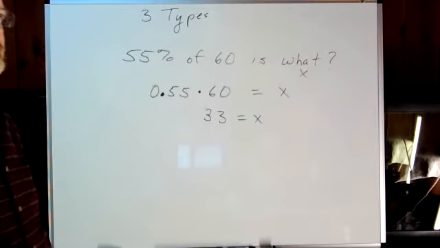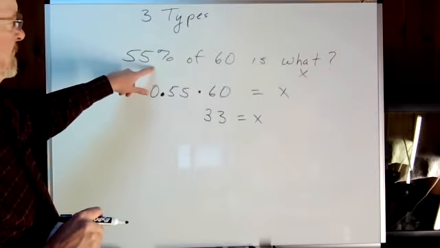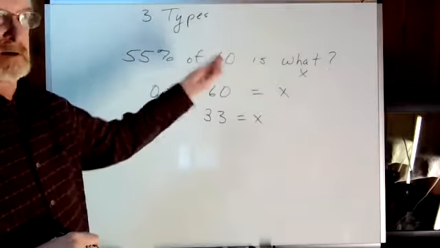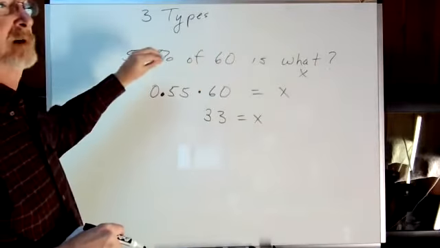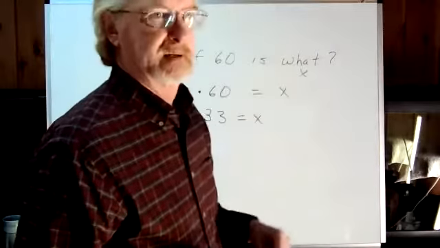So there is sort of that first type where you know the original amount that we're starting with. We're looking for a percent of it. And what is that number that is that percent?